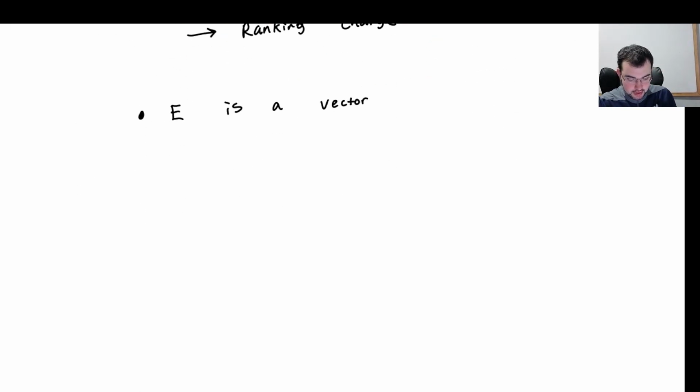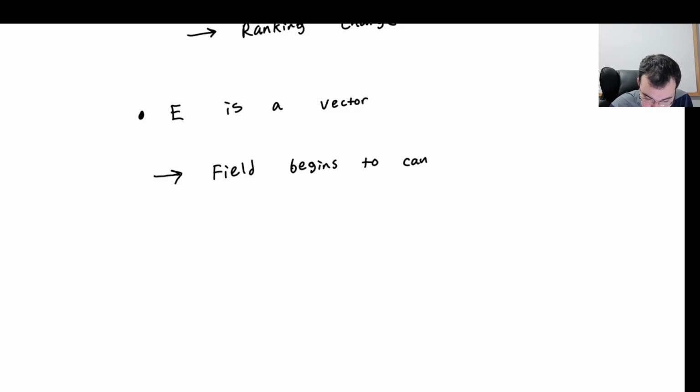So we know that E is a vector, and the field begins to cancel after a semicircle is created, because then you start getting symmetric segments.